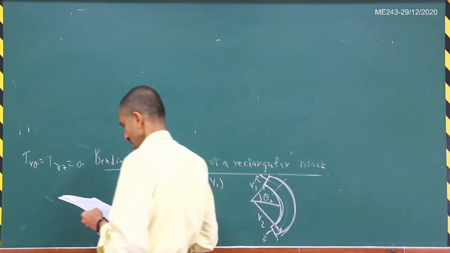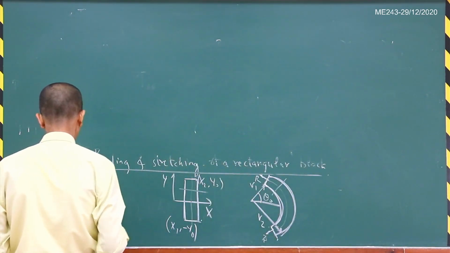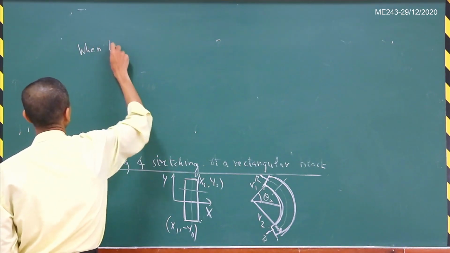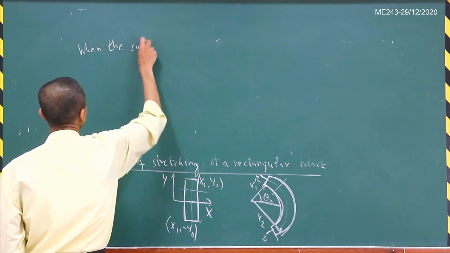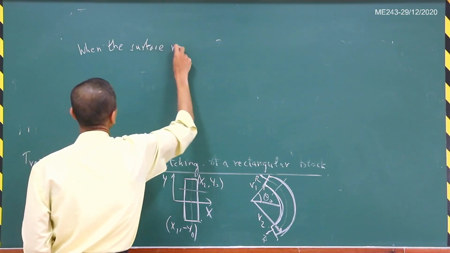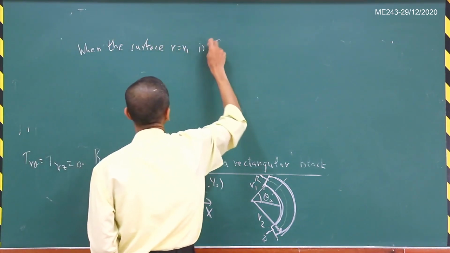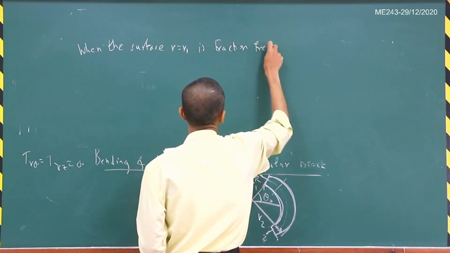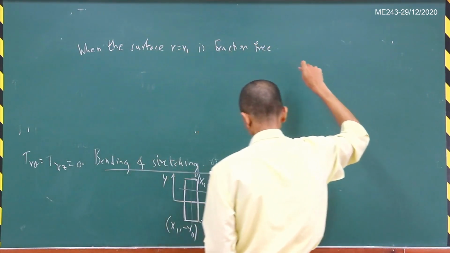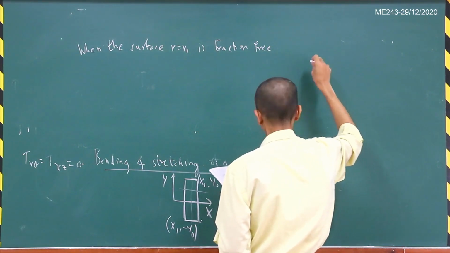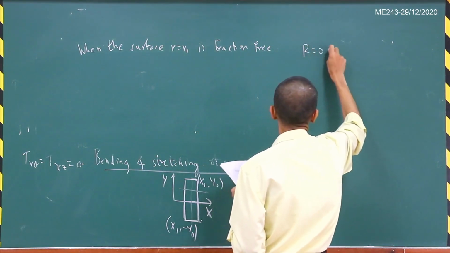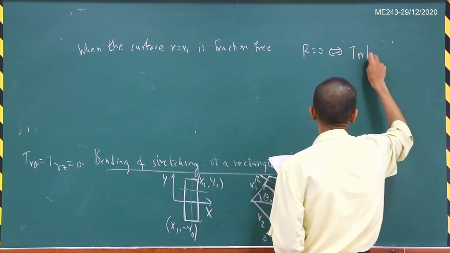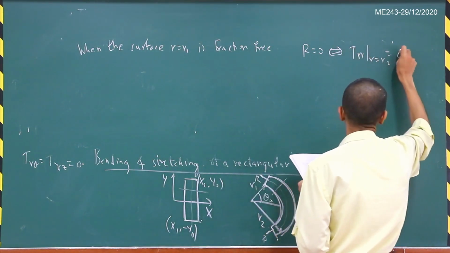So then, when the surface R equal to R1 is traction free, then R is equal to 0 implies that tau RR at R equal to R2 is equal to 0.